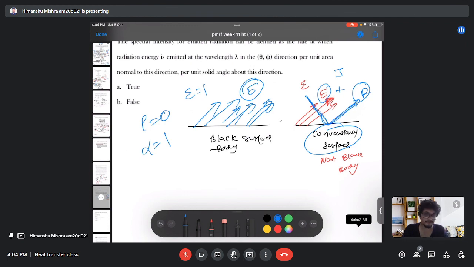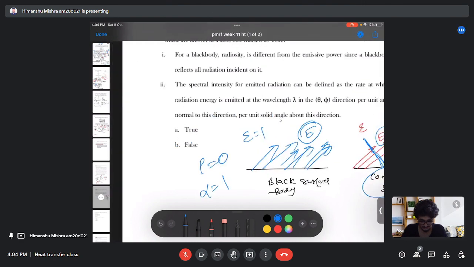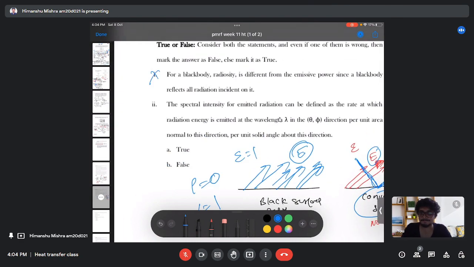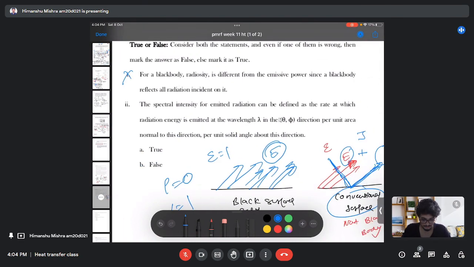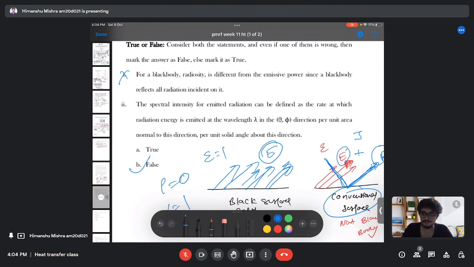Since the reflectivity is 0 in the black surface, the radiosity will be only due to the emission of radiation. So my first statement is not correct. So my option is B, false.